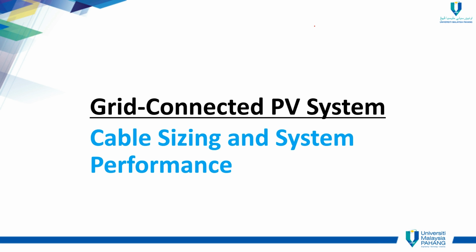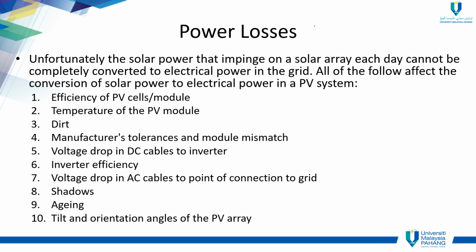So, cable sizing and system performance. Power losses. Unfortunately, the solar power that impinges on a solar array each day cannot be completely converted to electrical power in the grid. For example, if we have a full system of 100 megawatt DC, logically, whatever we do, we can't get 100% of the 100 megawatt DC due to several losses that we have discussed before.